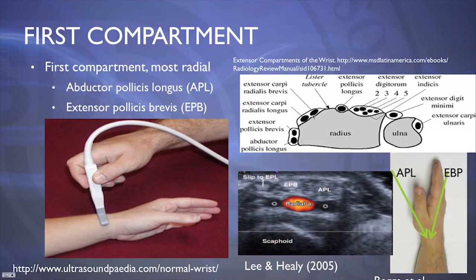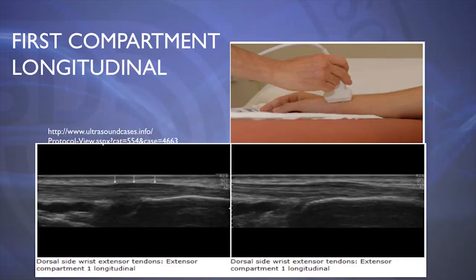We'll be looking at it both in transverse and in longitudinal. In transverse, we'll be looking at it from proximal to as far distal as we can see it. And then the same in longitudinal, trying to evaluate both tendons in their entirety and then trying to see how far they can extend or where they insert. The extensor pollicis brevis, or the EPB, will be inserting onto the proximal phalanx of the thumb.